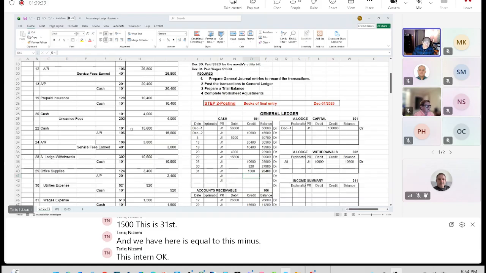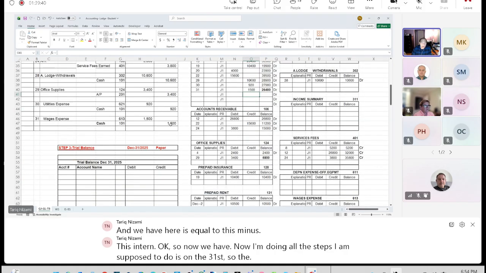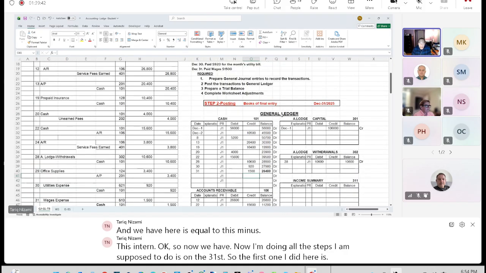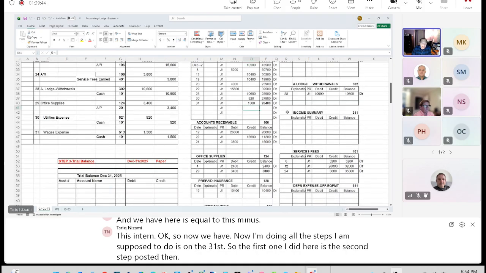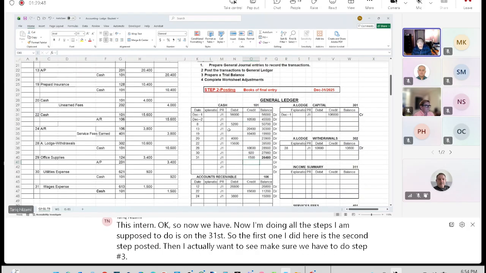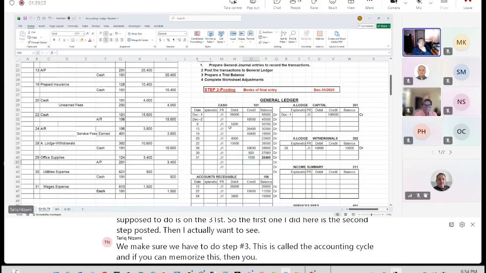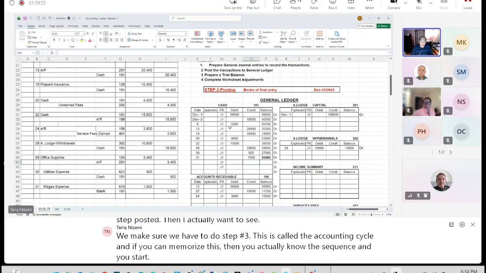So now I'm doing all the steps. I am supposed to do this on the 31st. So the first one I did here is the second step, post it. Then I want to make sure we do step number 3. This is called the accounting cycle. If you can memorize this, then you know the sequence and you start to understand much more.